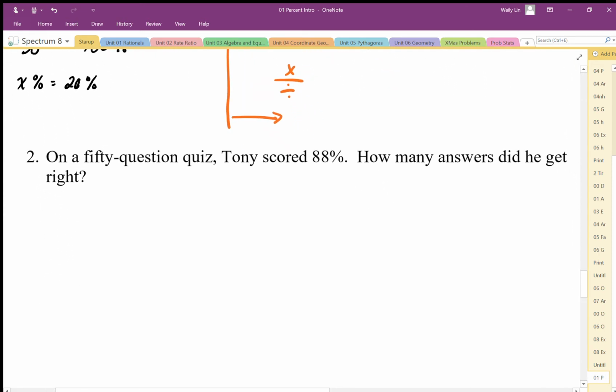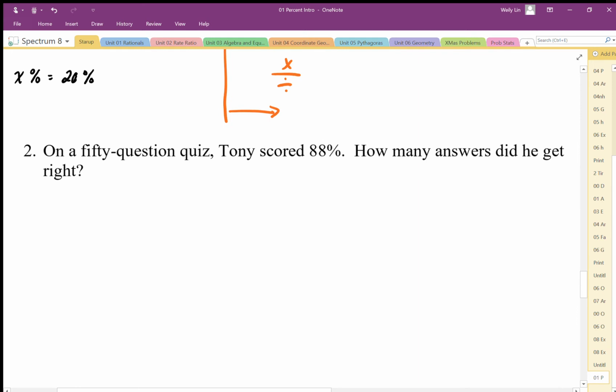Okay, so on a 50 question quiz, Tony scored 88%. So we're going to set up a proportion, 88% out of 100%. It's a ratio comparison, so it's a times and divide relationship. So how many answers did he get right? Well, this is part to whole.